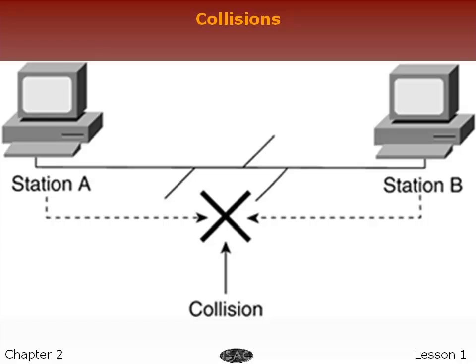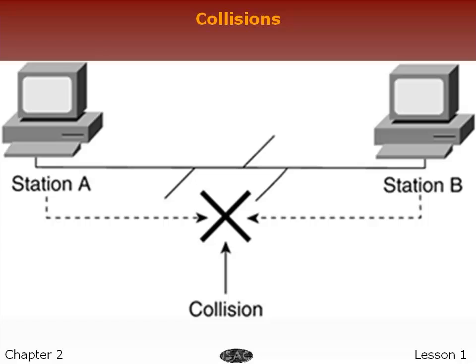As you can see from the picture, this picture shows what happens when a collision occurs on a network segment. Station A attempts to send a frame across the network. First, Station A checks to see if the network is available, carrier sense.